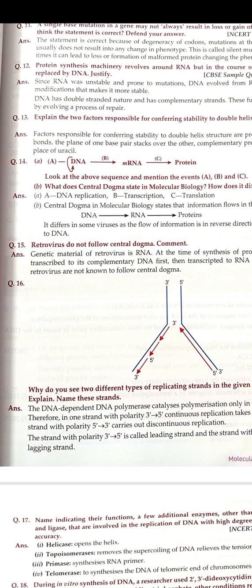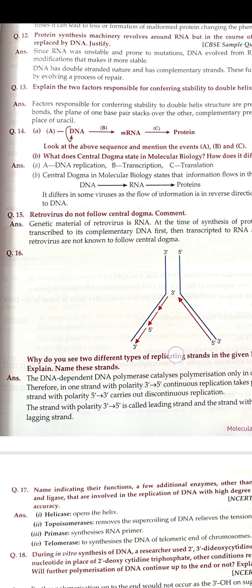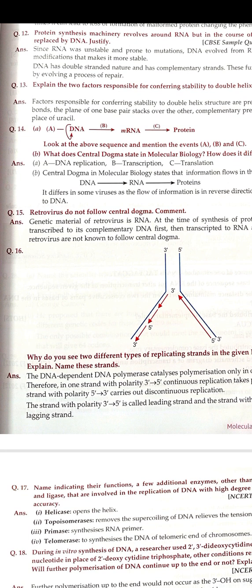Next question 15. Retrovirus do not follow central dogma, comment. The genetic material of retrovirus is RNA.